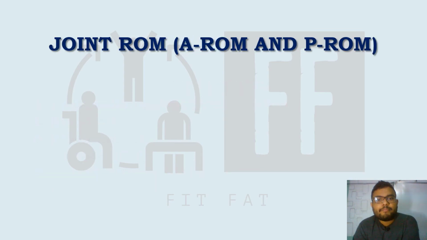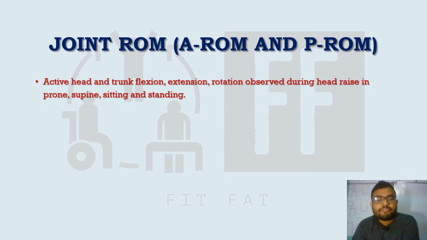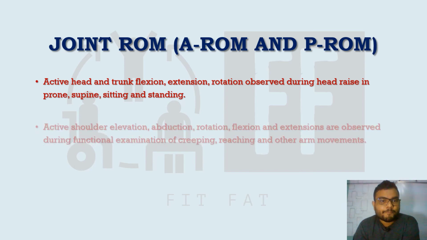Now here I will mention the joint range of motion, the active range of motion and the passive range of motion in more detailed format. The first thing you need to check is the head and trunk flexion, extension, rotation, if those are active, and if it is during head raise in prone, supine, sitting and standing position.